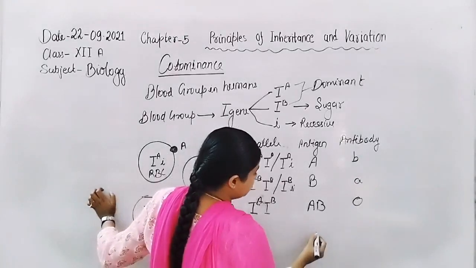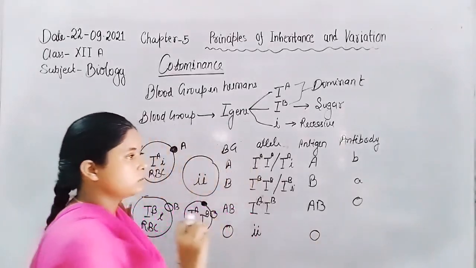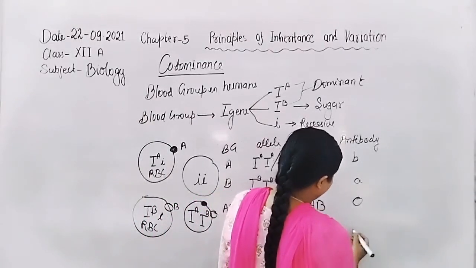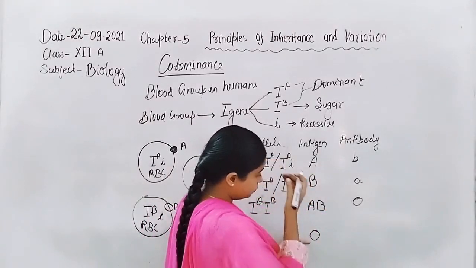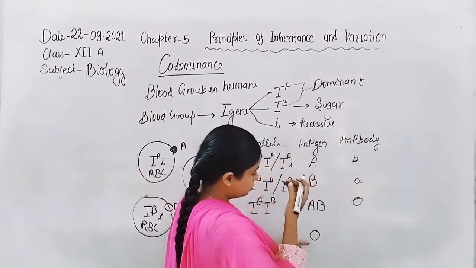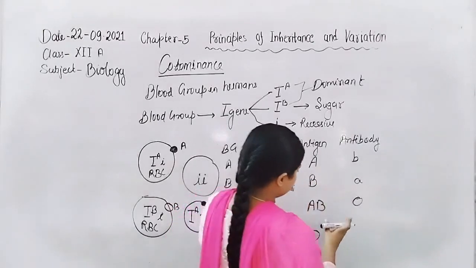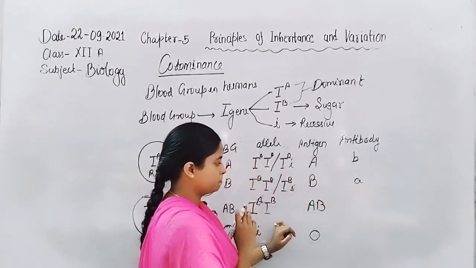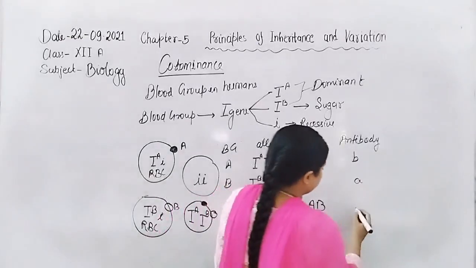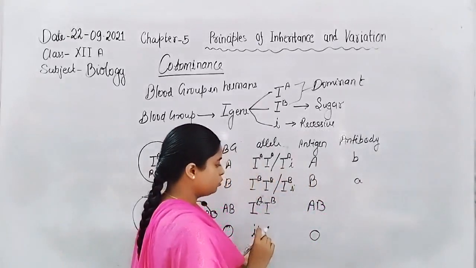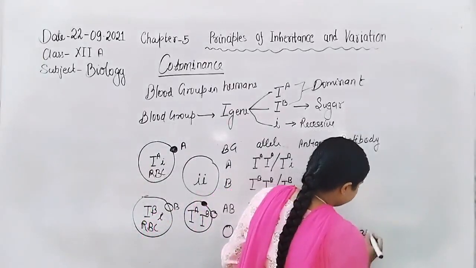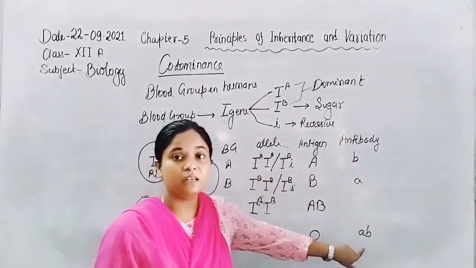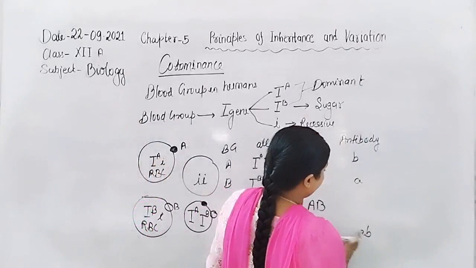In such a case, the RBCs do not synthesize any type of antigen or sugar, so no allergic reaction is caused, because the antibodies find no antigen.